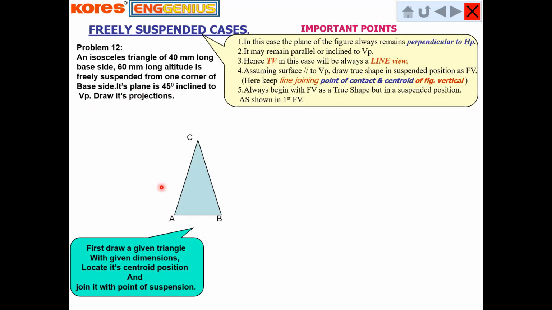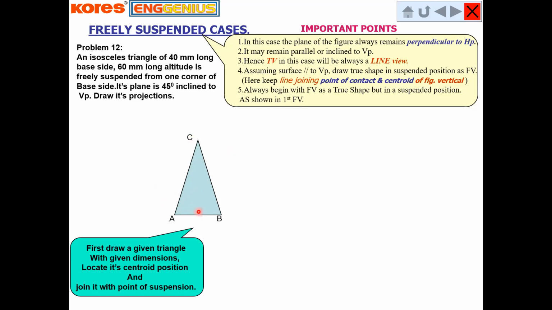Now, whenever we freely suspend any object with the help of a string, the contact point from where we are suspending our object and the centroid of the plane remain in the vertical direction. So for that, first we need to find the centroid.